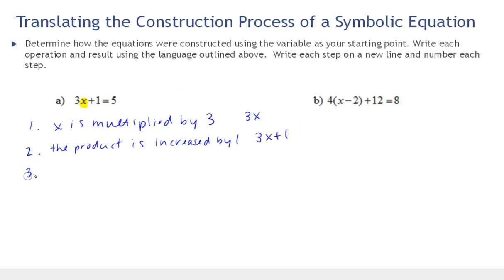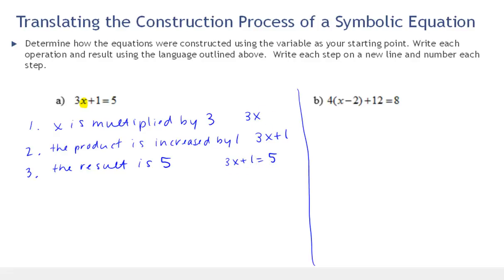That's everything on the left side, and the third step is to say, and the result is 5. So if x is multiplied by 3, the product is increased by 1, the result is 5. The word result, like is, gives us this equation right here.